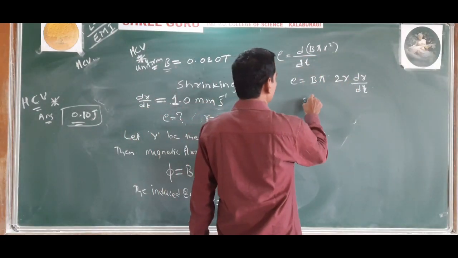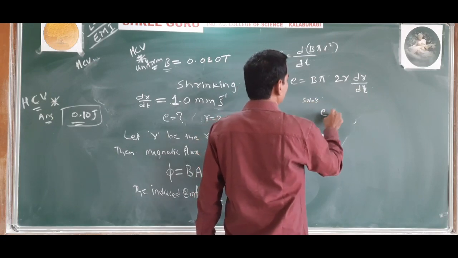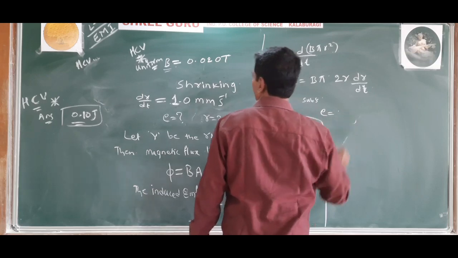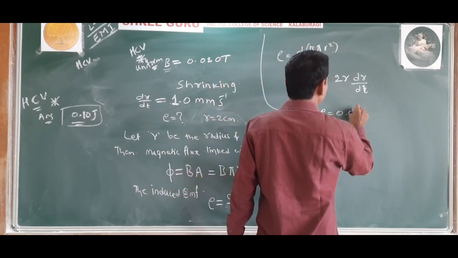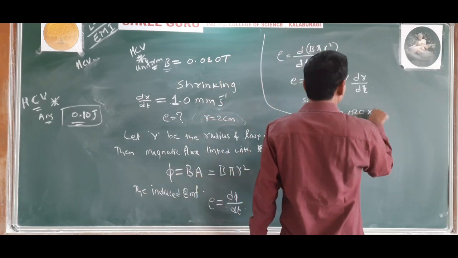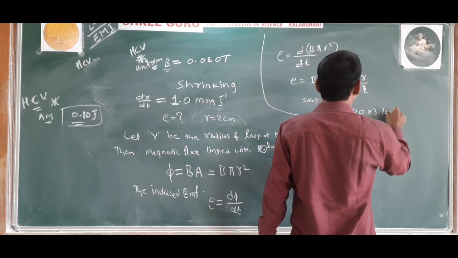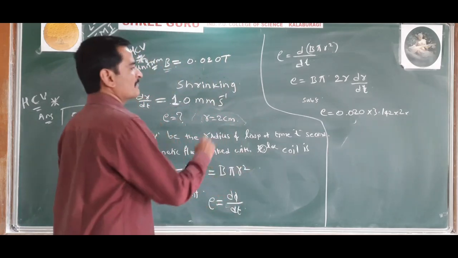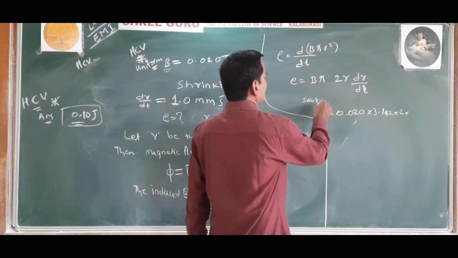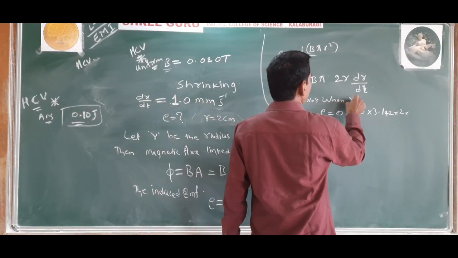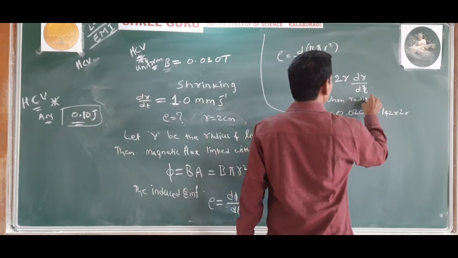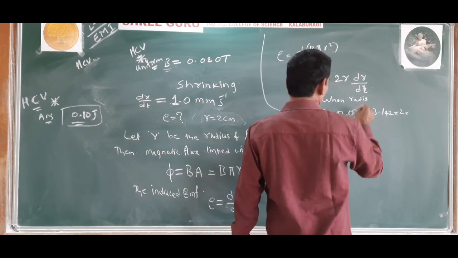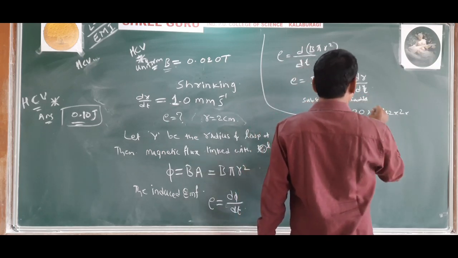So now substitute the values. You will get the answer. So E is equal to B, that is the magnetic field, 0.020 Tesla, into pi, that is 3.142, into 2r, where r is the radius. So that is the EMF when the radius is 2 centimeter.